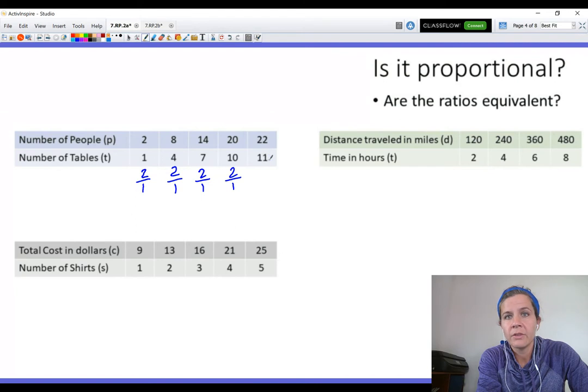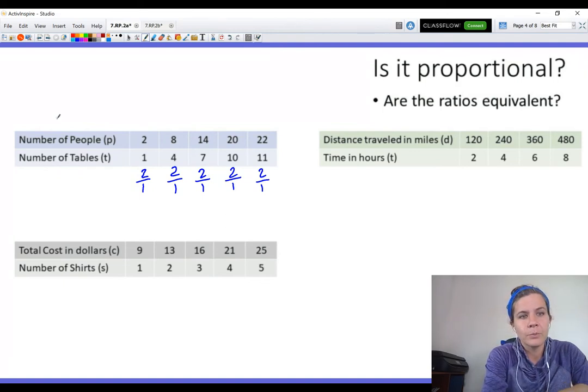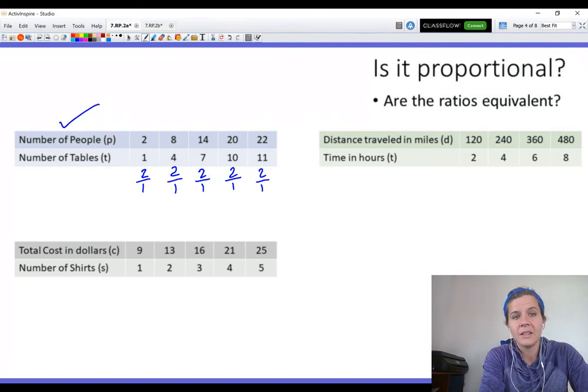And 22 and 11 can both be divided by 11 to give us 2 to 1. So since all of these simplify down to the same ratio, they're all equivalent, then this is proportional. So yes, this has a proportional relationship.